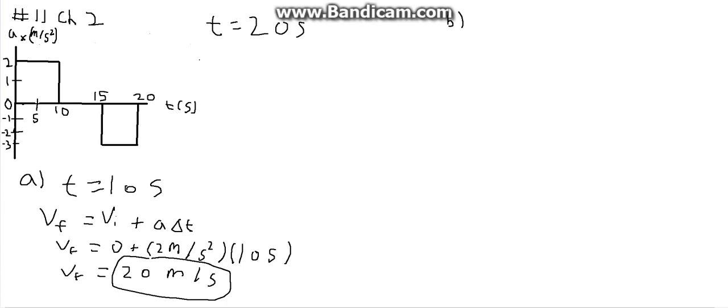So we have our V initial, our acceleration, and our time. So we can use the same formula. And our V initial will be the velocity we found at 10 seconds because the acceleration goes to 0.